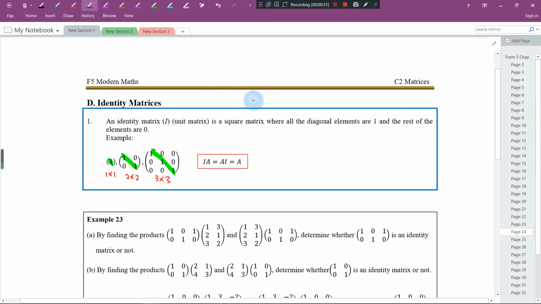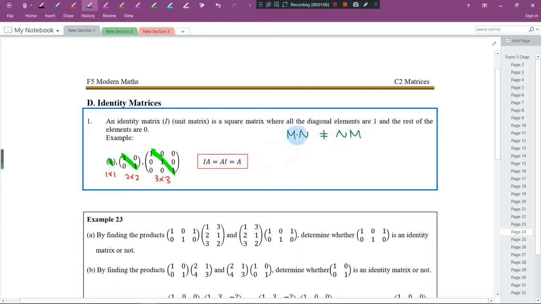Still remember, when we talk about the multiplication between two matrices, let's say I have two matrices over here, M and N. M times N is not equal to N times M. Still remember?